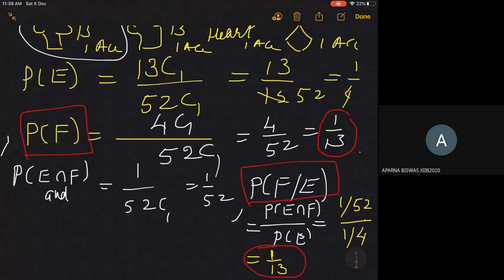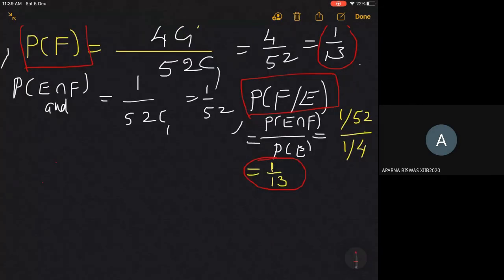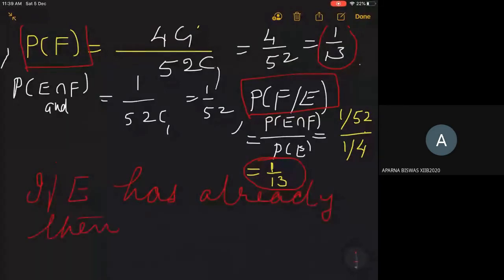If you analyze these two answers, probability of F given E is the probability of F provided E has already happened. E has already happened.